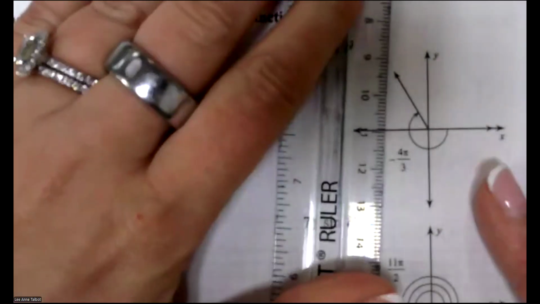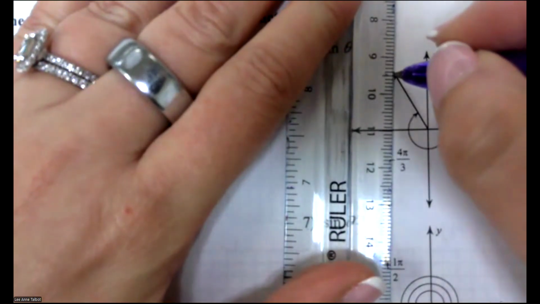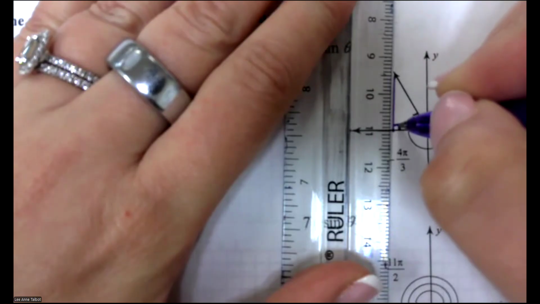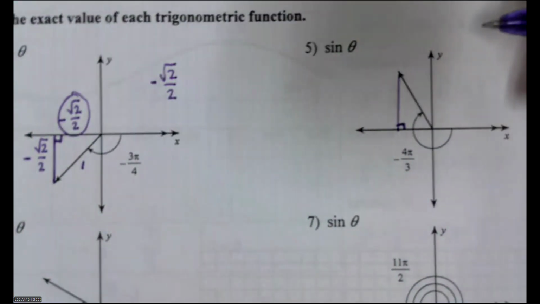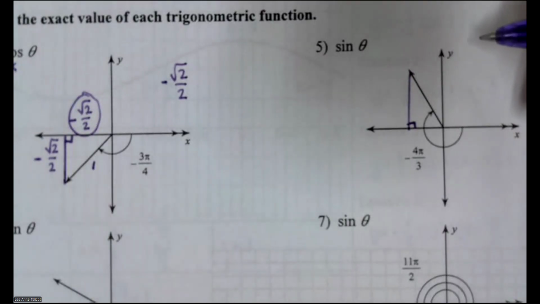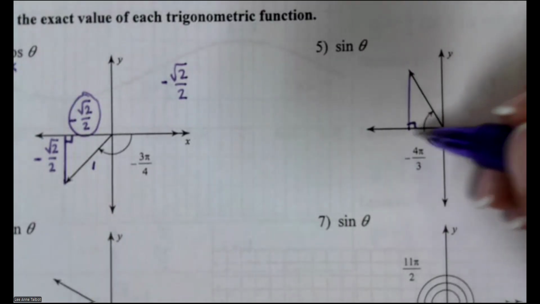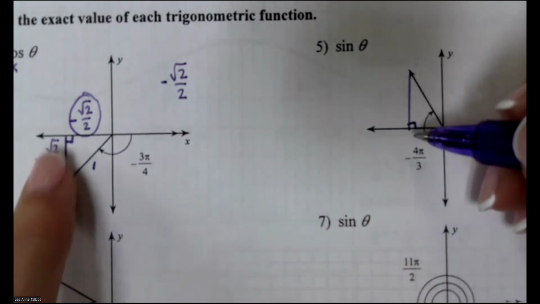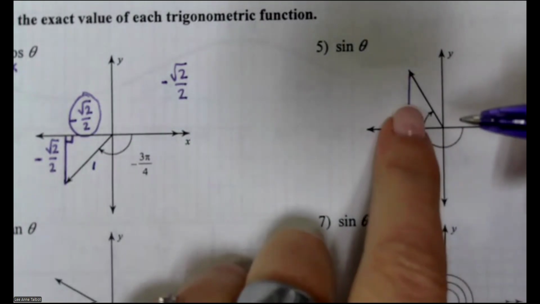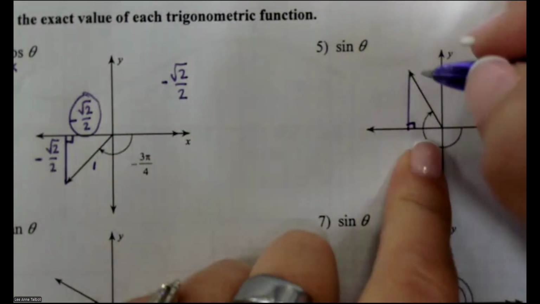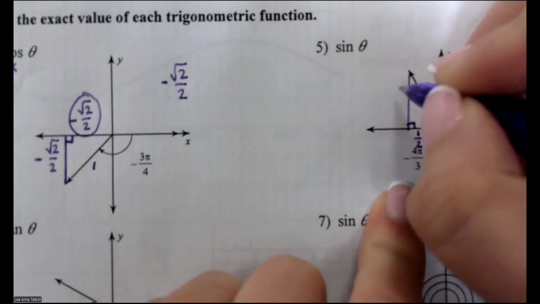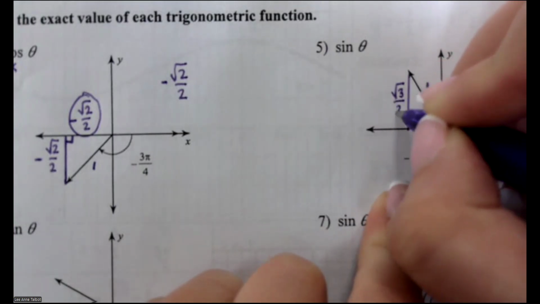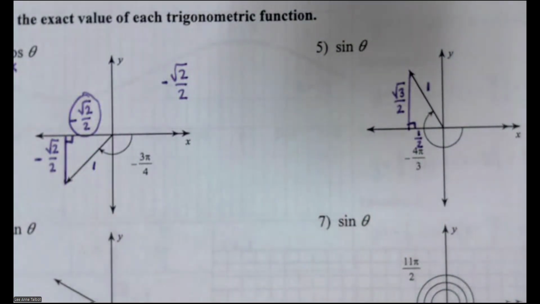Draw the triangle. 30, 60, 90 or 45, 45, 90. 30, 60, 90. You can tell because there's one short and one long, and it's not like a square cut down the middle. It's like an equilateral cut down the middle. 1/2, √3/2.